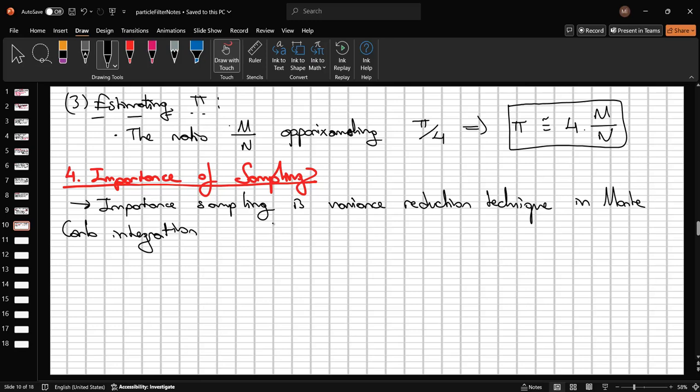Okay, and so we can organize it by using some mathematical methods, especially when sampling from the target distribution is challenging.